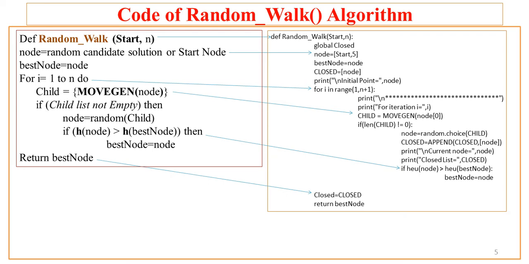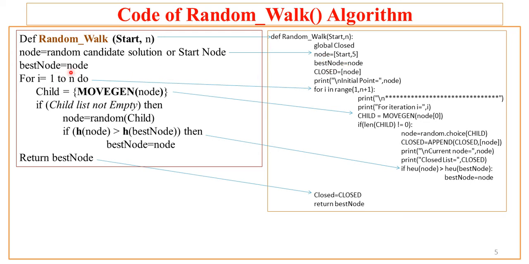So here is the algorithm specified in the left part of the slide and its coding in the right part. Here the random walk is defined as def random_walk with start and n. The initial node can be a random candidate solution or the start node, but in our case we have used the start node with its heuristic value as the initial node, and that initial node is treated as the best node.